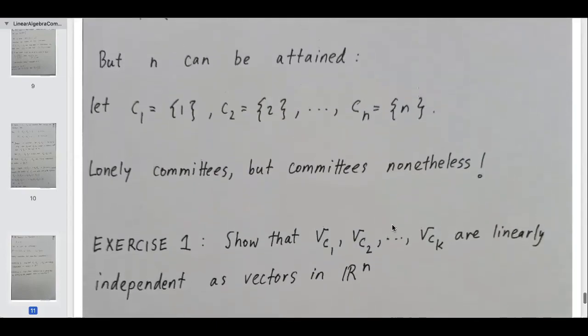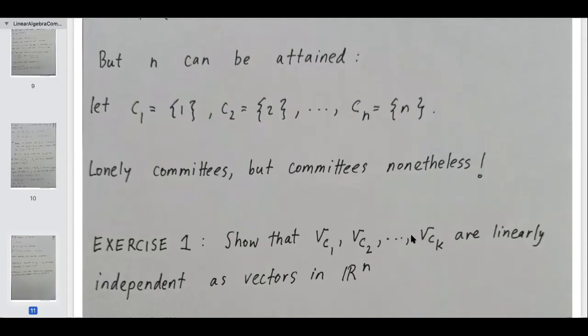Okay, so here are some exercises. Show that the characteristic vectors of these committees which satisfy these rules are linearly independent as vectors in R^n. One possible hint is to first do it assuming the coefficients are rational numbers.